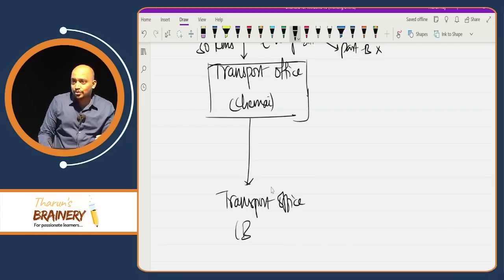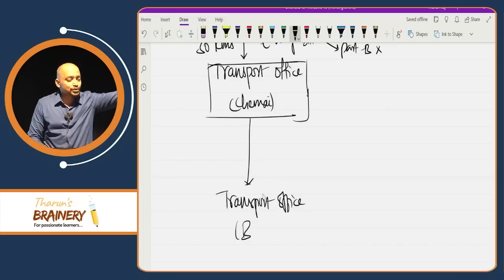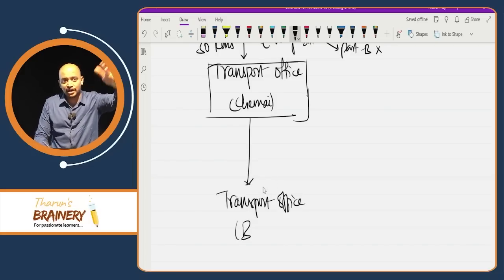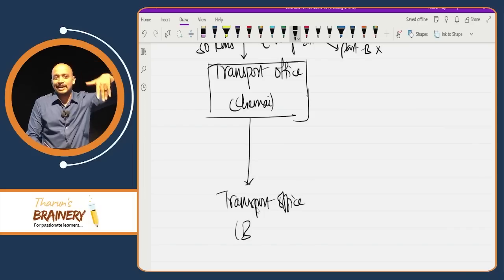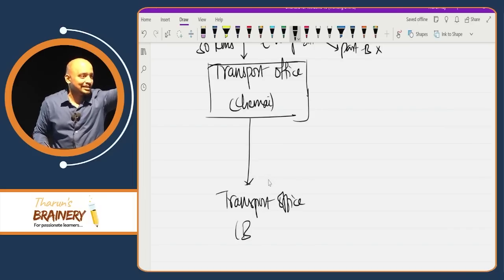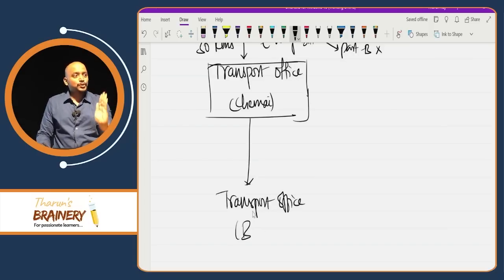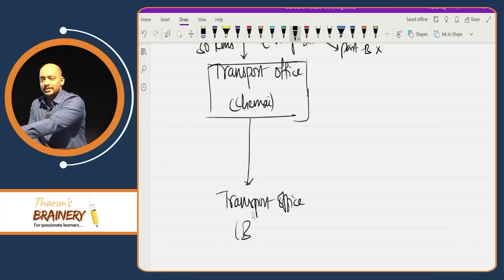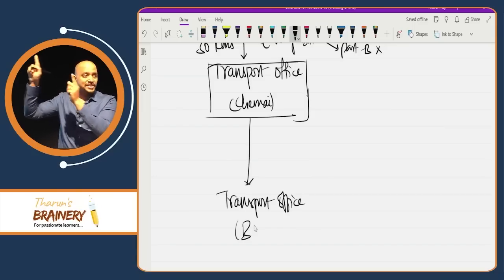We need to take the goods and hand it over to the transporter's place. Next to central railway station, a lot of transporters are there. If you want to send goods from Chennai to Delhi, Chennai to Mumbai or anywhere, you need to go there and hand over the parcel. So they will be transporting it. Usually they transport from transport office to transport office, which means our consignee should come to the transport office and take the goods.